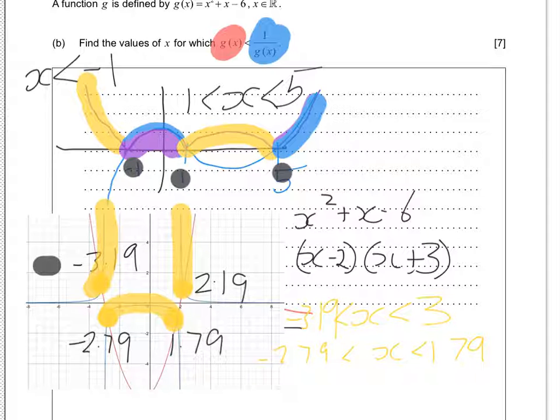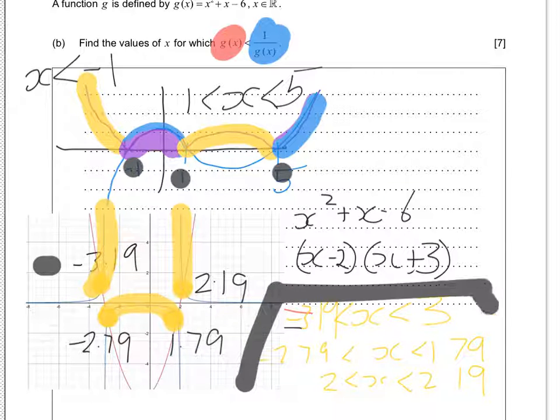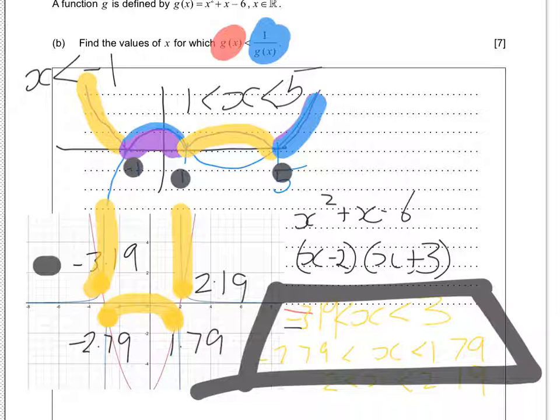So that's from 2.19 down to the asymptote, which was at 2. So that's where x is bigger than 2 and less than 2.19. So that's your solution set for the inequality being asked.